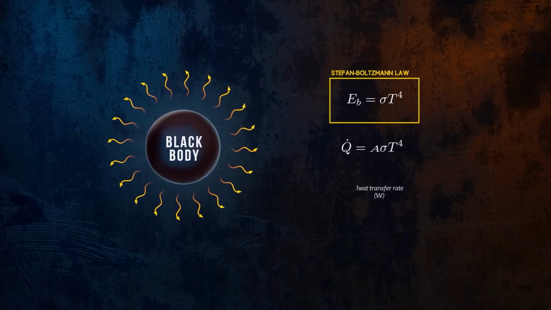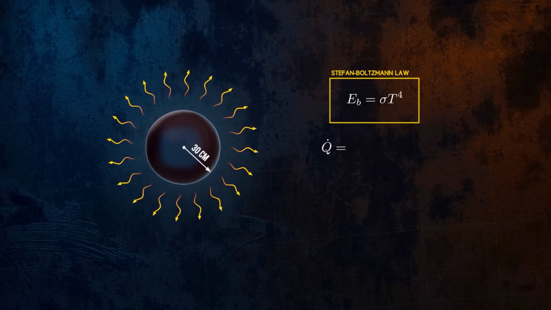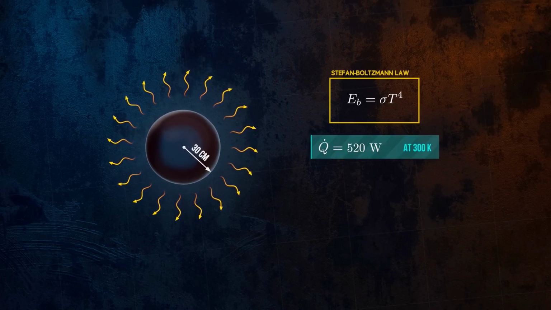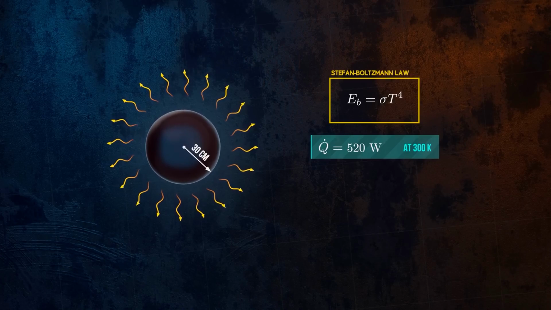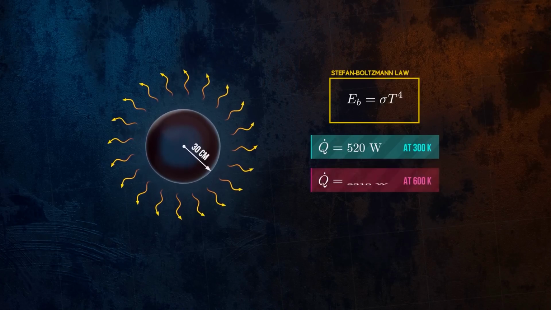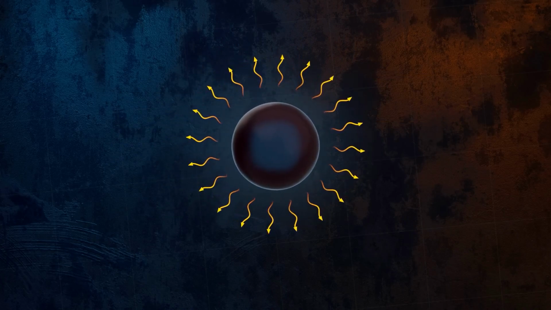In reality, no object is a perfect black body, but we use this concept as a reference. A black body absorbs all radiation that hits it and also emits the most possible radiation. The emissive power is the amount of energy that an object radiates per second per unit area.